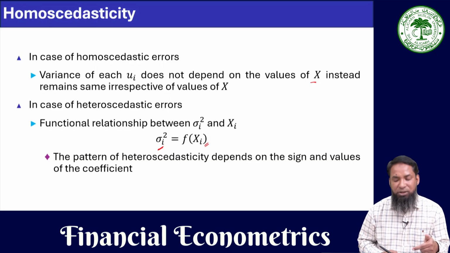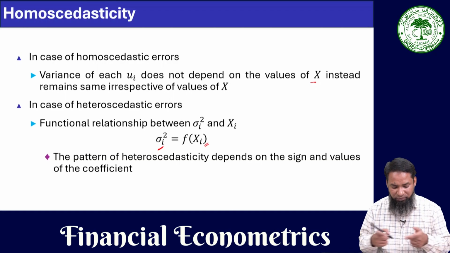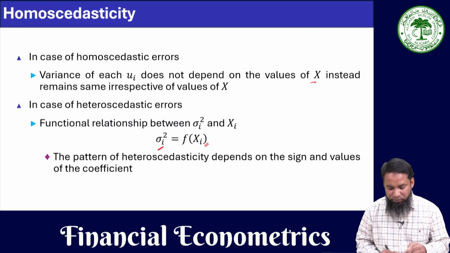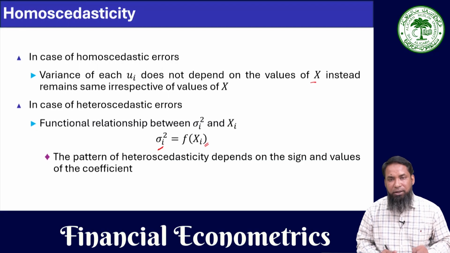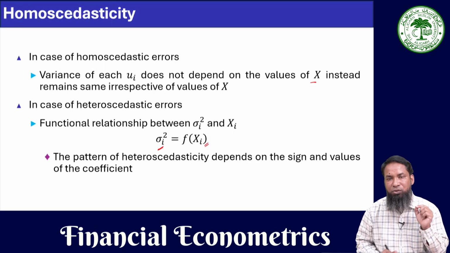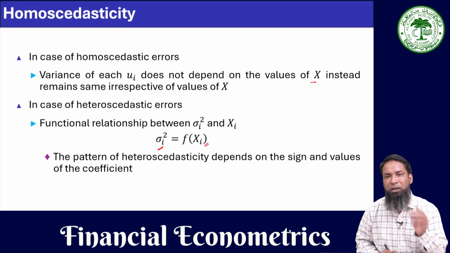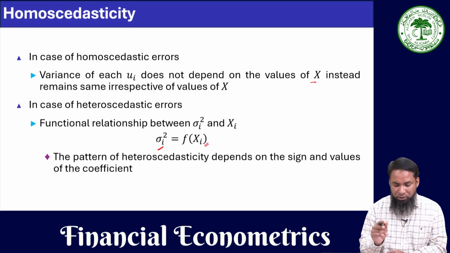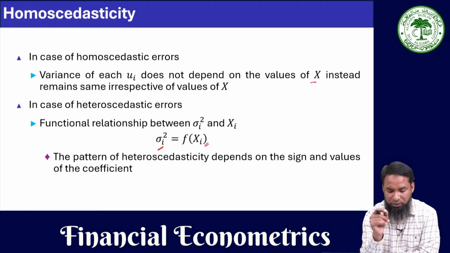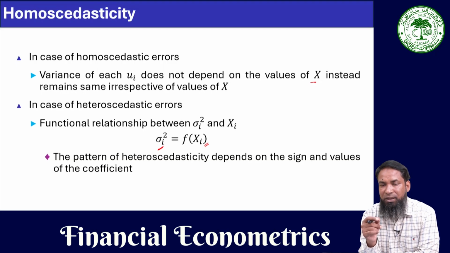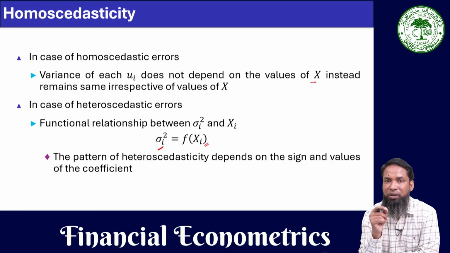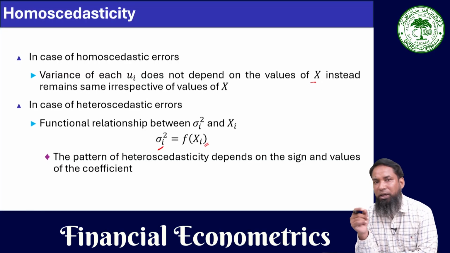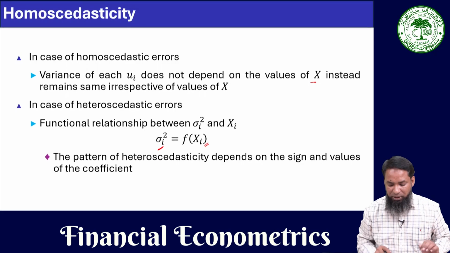The pattern of heteroscedasticity depends on the sign and the values of this coefficient. As we have seen in the previous slide, as x changes, the variance could increase, or decrease, or increase and later decrease again, or increase. So from this, we can observe that when we say there is heteroscedasticity, there is a relationship between the variance of the error term and the regressor or independent variable.